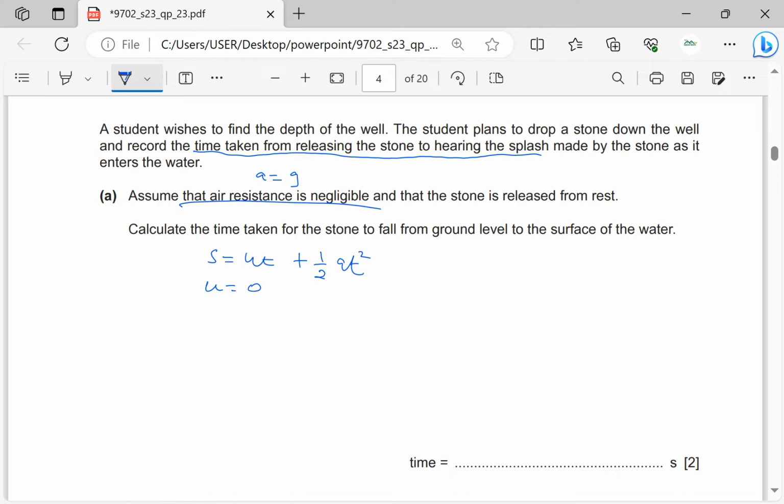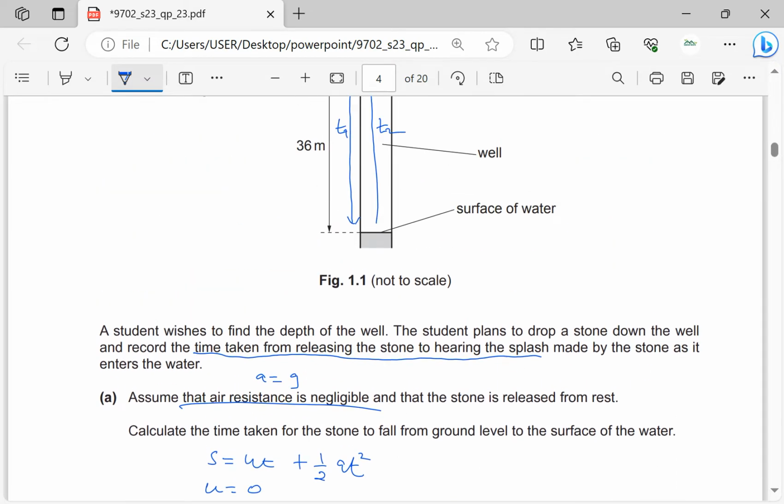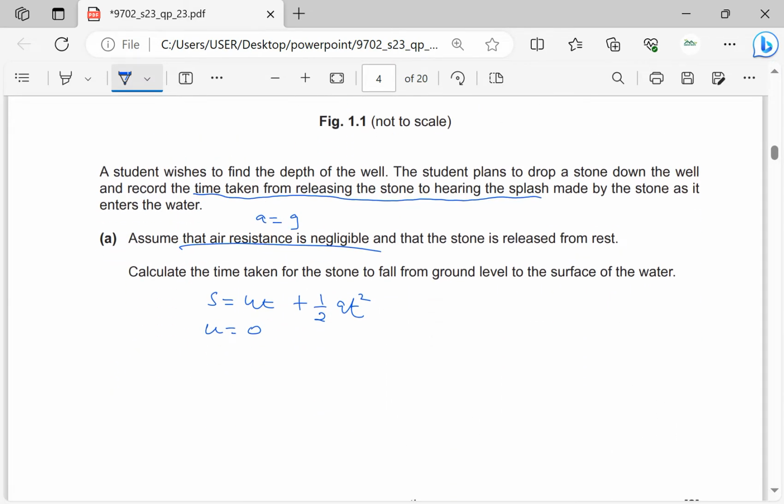So it is going to fall a distance of 36 meters. So I'll simply say 36 is equal to a half times acceleration, which is 9.81, times t squared, meaning t is going to be the square root of 2 times 36 divided by 9.81.